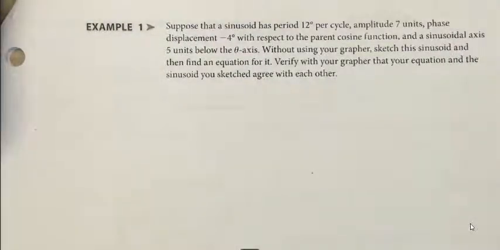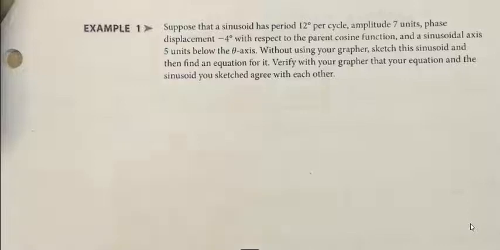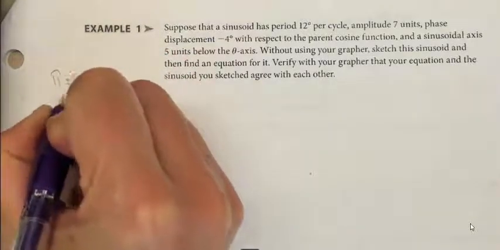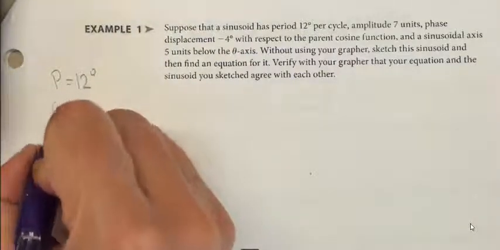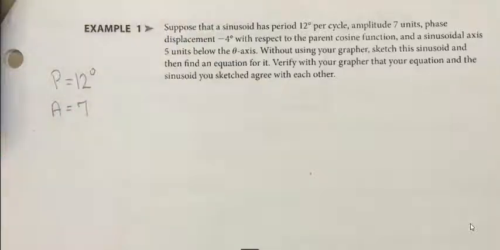Suppose a sinusoid has period 12 degrees per cycle. So your period is 12 degrees. Amplitude is 7 units. Phase displacement, that's that horizontal shift.